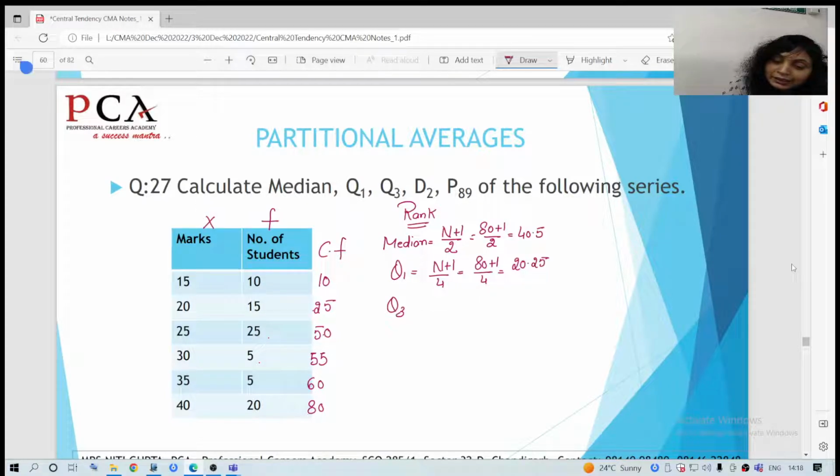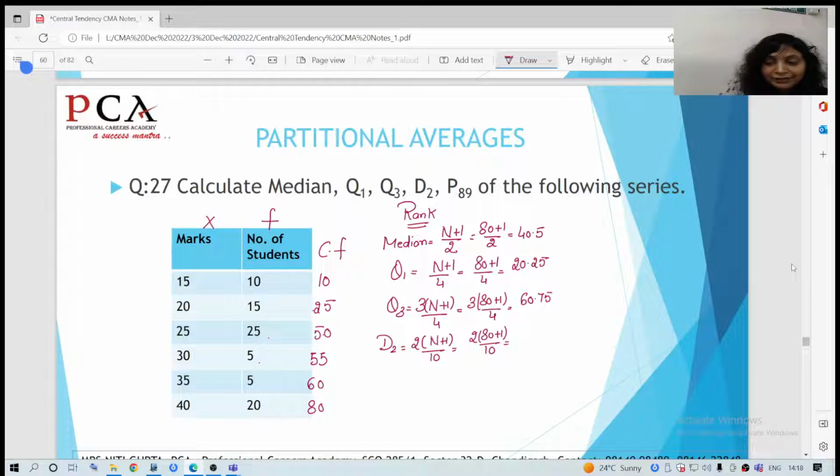Next Q3, this is equal to 3(n+1)/4. So this is 3(80+1)/4. Multiplied, this becomes 60.75. Then we have second decile. Second decile is 2(n+1)/10. So 2 into (80+1)/10.